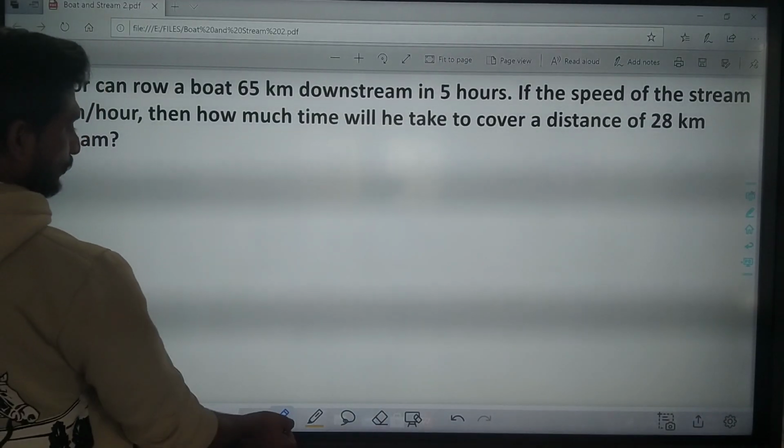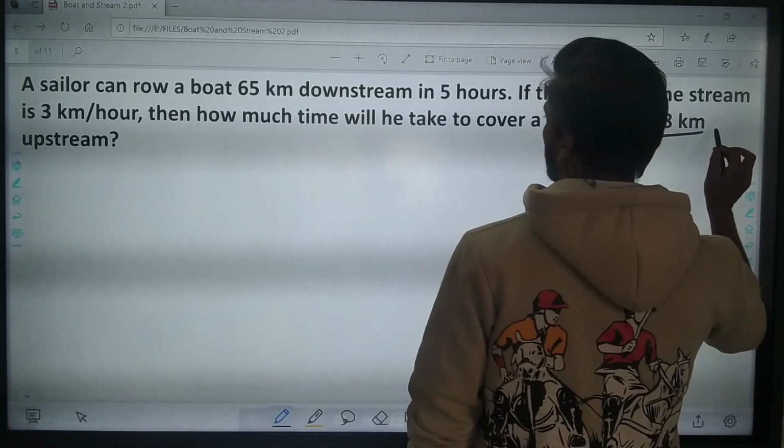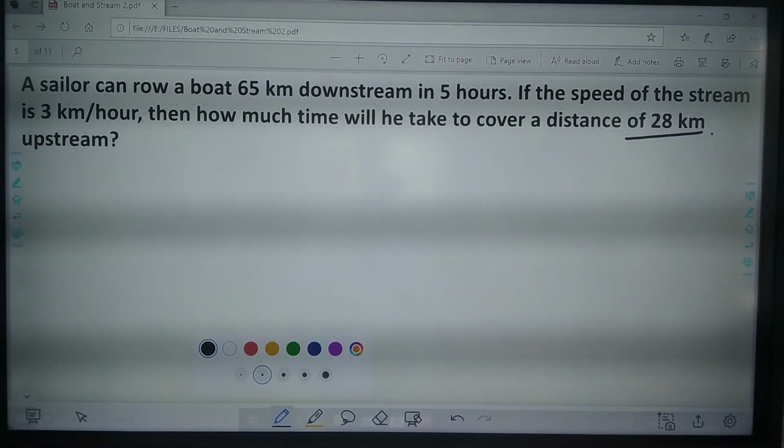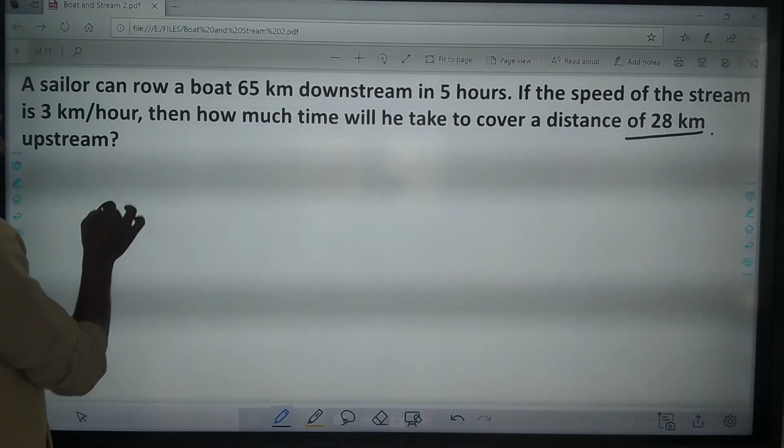Now here, the sailor can row 65 km in 5 hours, so we find the downstream speed.